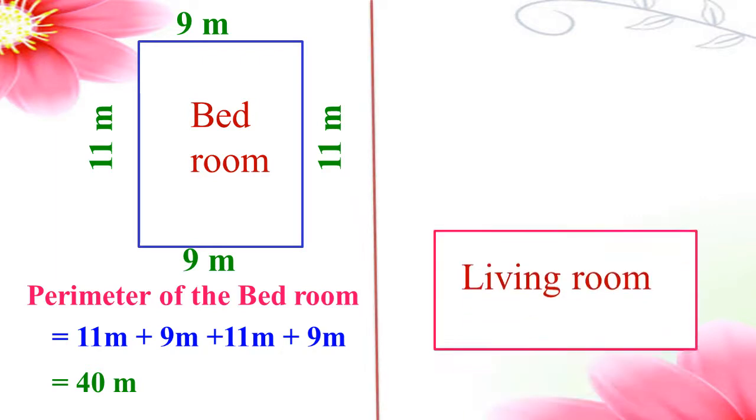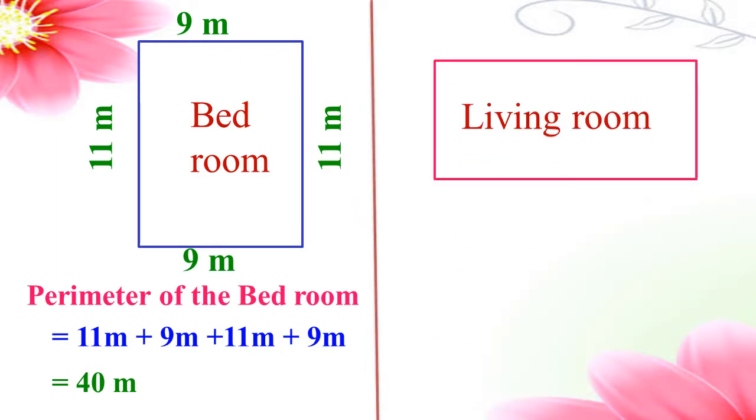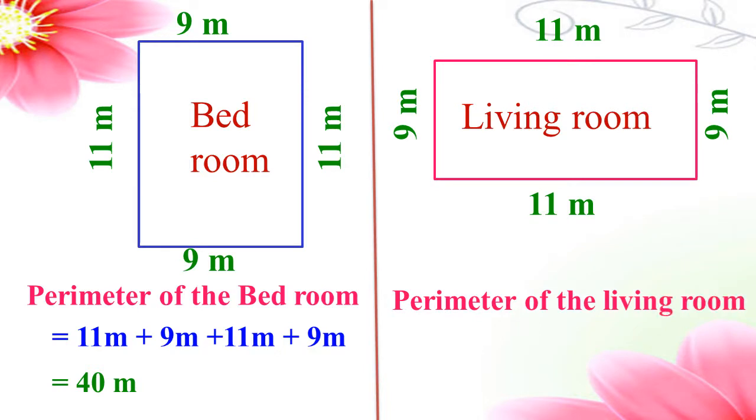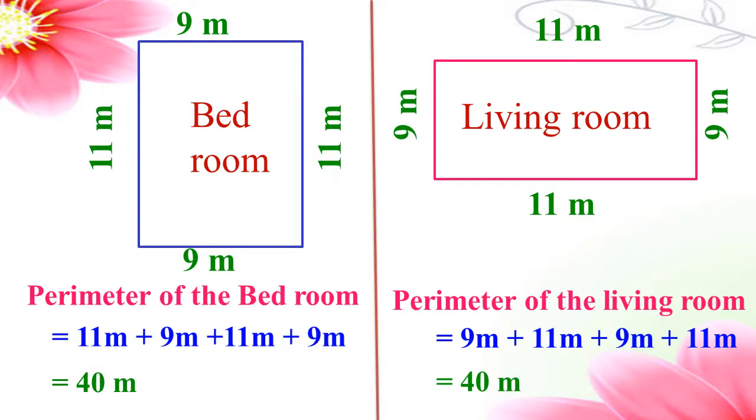Let us find the perimeter of the living room. Here length of the living room is 11 meter. Breadth of the living room is 9 meter. So perimeter of the living room equal to 9 meter plus 11 meter plus 9 meter plus 11 meter equal to 40 meter.